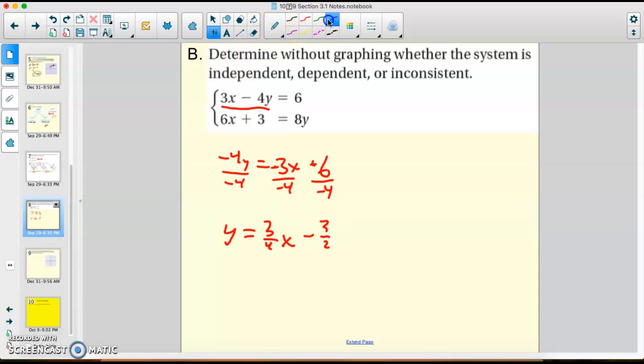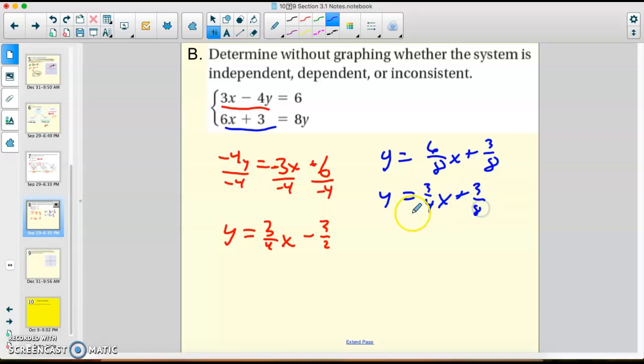Okay, now for the blue one, all we have to do is divide by 8, right? And so y equals 6/8 x plus 3/8. And this reduces down to 3/4 x plus 3/8. Okay, now all we need to do is look at the slopes.